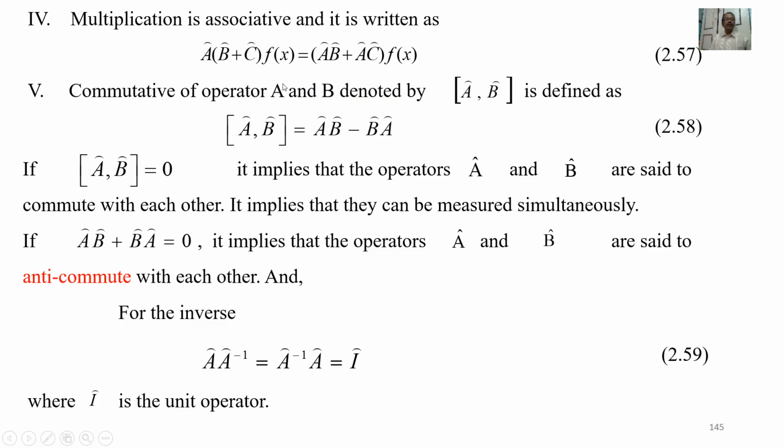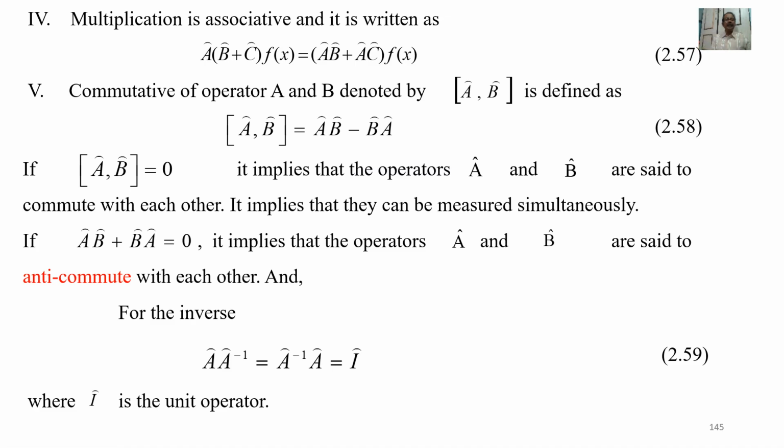The commutator of operators A and B is denoted by the bracket A comma B, which we call the commutator bracket, and is defined as A comma B equals AB minus BA. There are two conditions. If the commutator bracket [A, B] equals 0, it implies that the operators A and B are said to commute with each other.